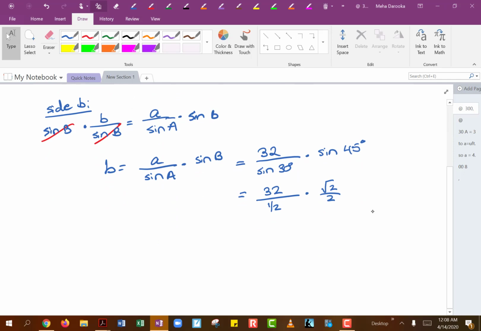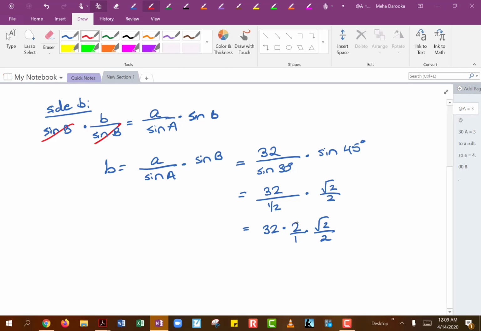Okay, just a matter of cleaning this up. You will have 32 divided by 1/2, which becomes the same thing as 32 multiplied by 2 over 1, and then multiplied by square root of 2 over 2. Simplify this as much as you can.